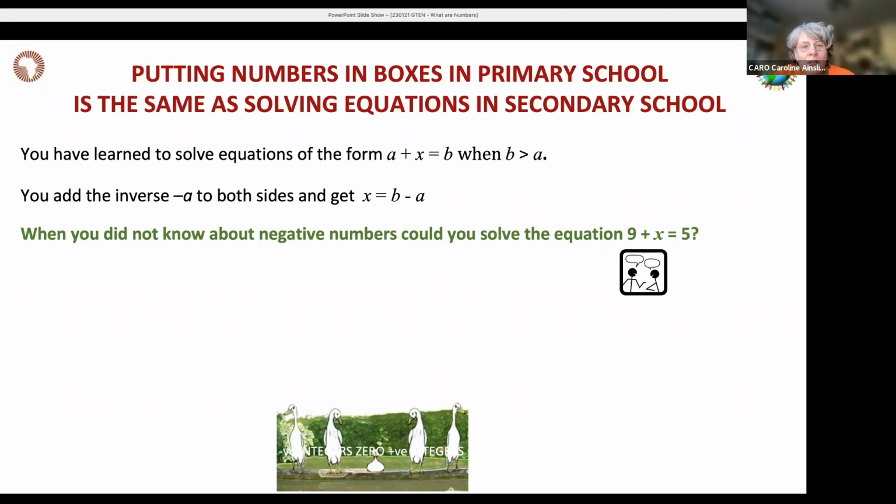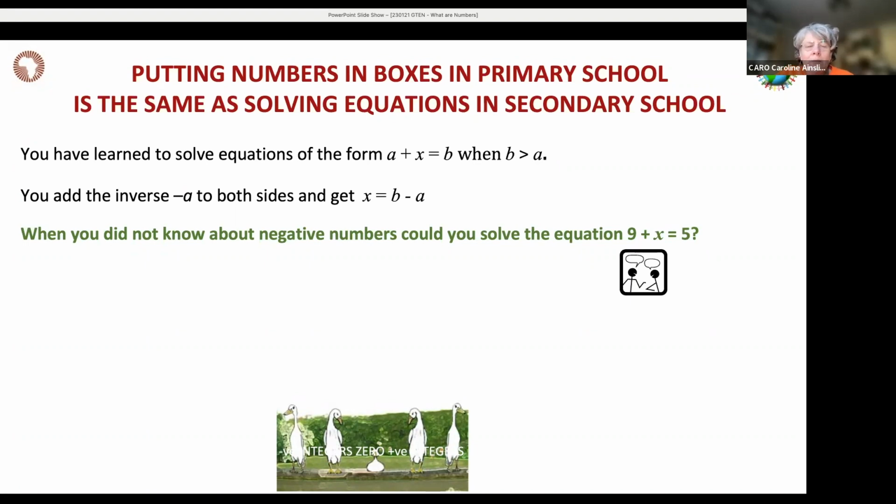The terminology used here is often different to the way it's taught in school at the moment, so really think about this. If you're not already doing this, think about this to help the learners understand. Add the inverse, which is -a, to both sides to get x equals b minus a.